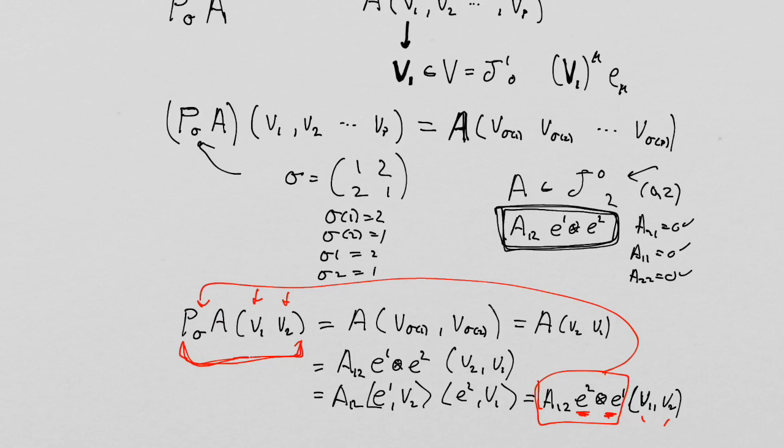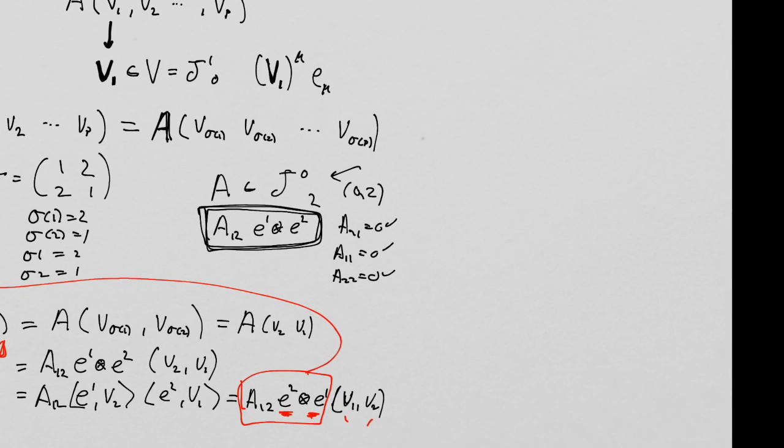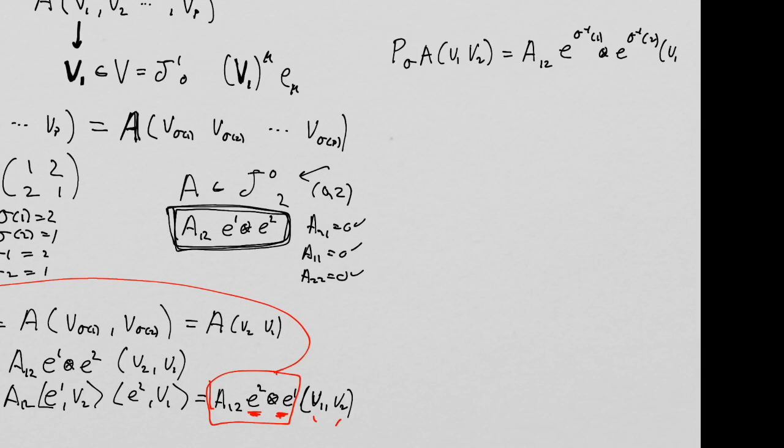I could have used a slightly different notation. I could have said P sigma of A acting on V1, V2 equals A_12 of E sigma inverse of 1 tensor product E sigma inverse of 2, acting on V1, V2.